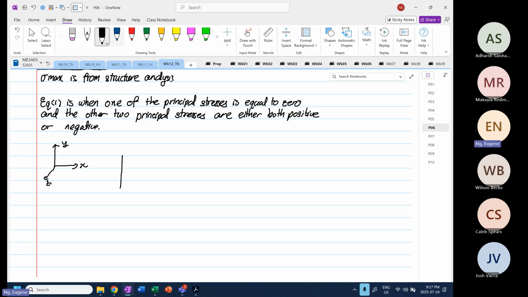If we have an element looking like this, and then you have stress X, stress Y, and then your shear XY, shear XY is equal to shear YX.